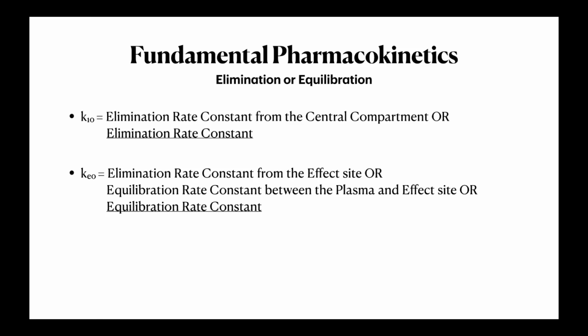And because K10 is already defined as the elimination rate constant, to create some differentiation between that concept, that is why a lot of texts will describe KEO as the equilibration rate constant. So you'll see those two different terminologies used, and they are both correct.